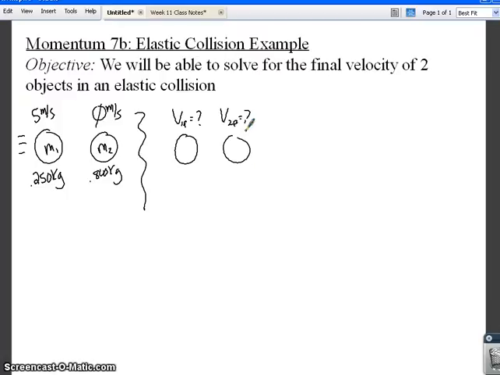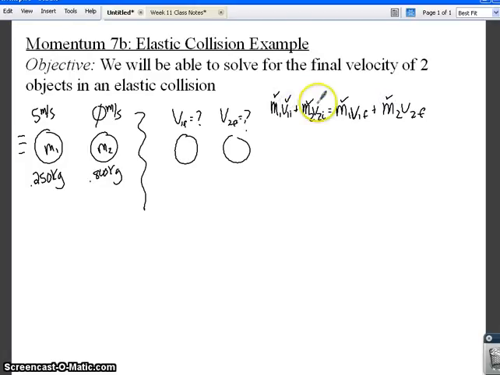So we have our first equation: m1 v1I plus m2 v2I equals m1 v1f plus m2 v2f. So this is our equation right here. Notice we know m1 and m2.